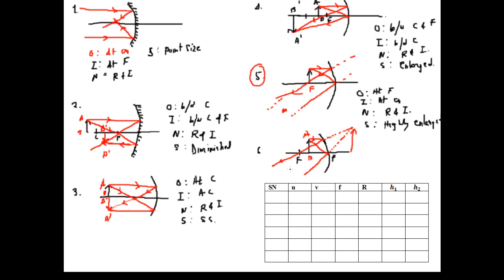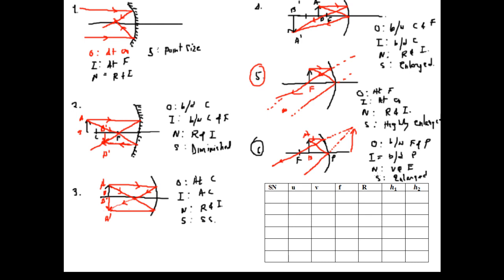Now you see this table here. We're going to use it to learn the sign conventions now. To learn the sign convention, let's come to diagram 1. So let me put diagram 1 here. What do you think in this case object distance would be? Object distance is this side, on the left hand side. So u should be plus or minus? You are measuring from here in the direction opposite to the direction of light.